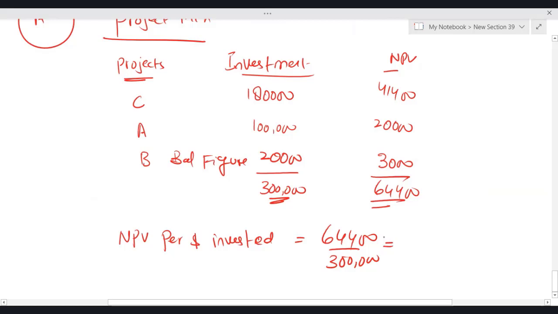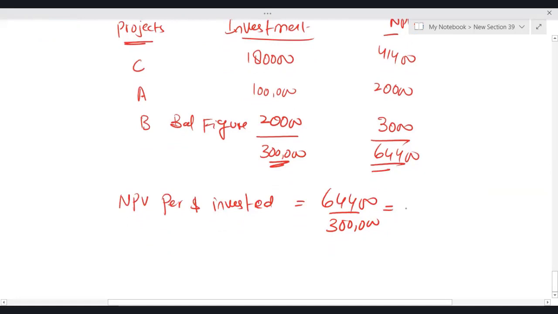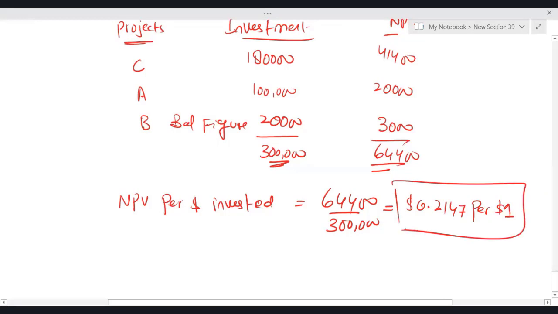This will give you the NPV per dollar invested: 0.2147. It means by investing $1, this organization will be generating an NPV of 0.2147.